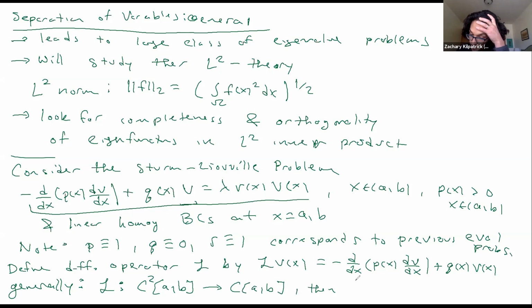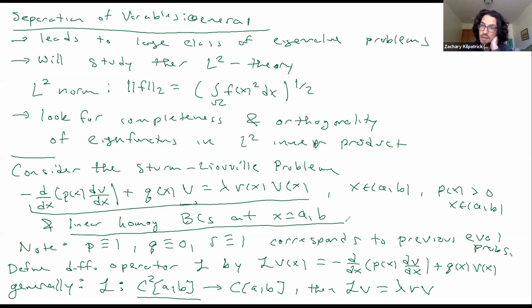So then LV is equal to lambda RV. Okay, so that's our eigenvalue. Not only do we need this though, but we also need what? Well, if we're dealing with our eigenvalue problem, we probably want to restrict our set of functions that we're worried about to the functions that satisfy these linear homogeneous boundary conditions, okay?